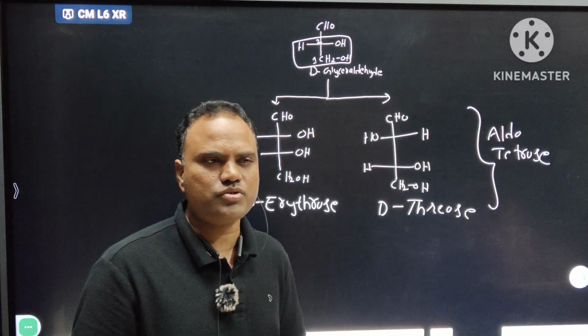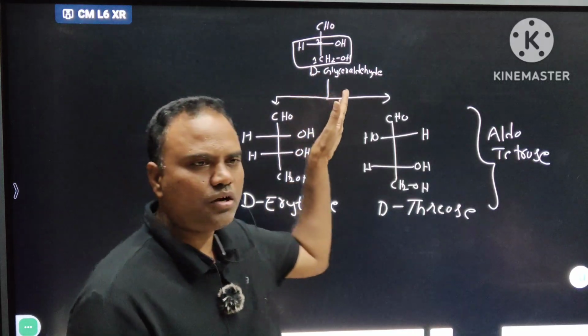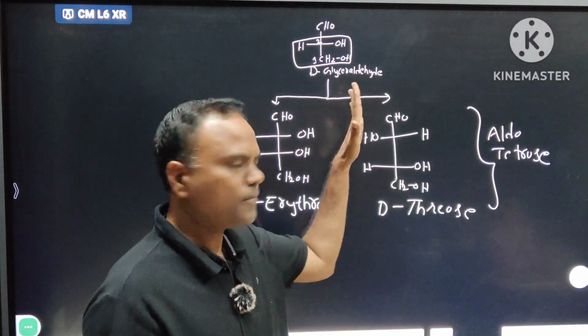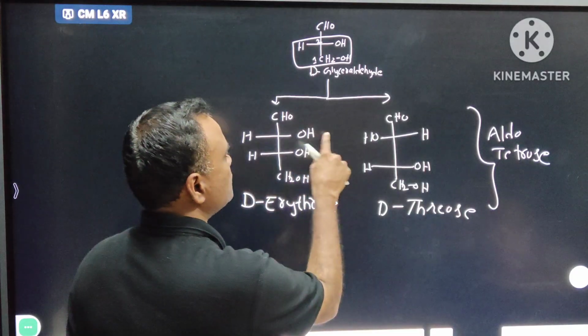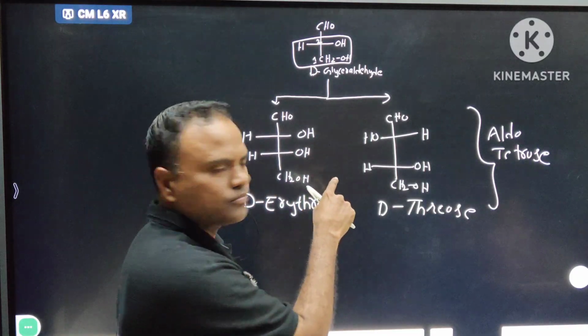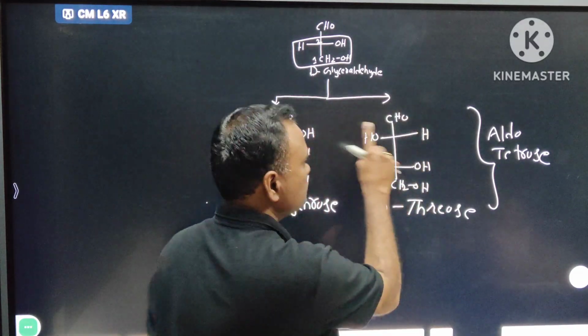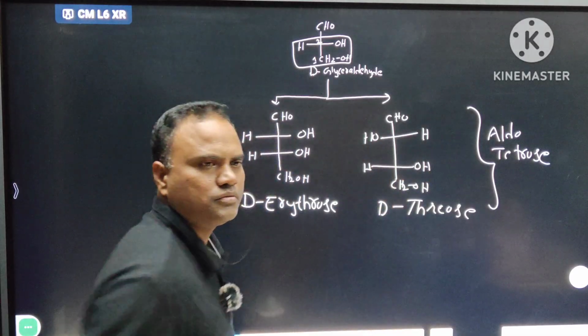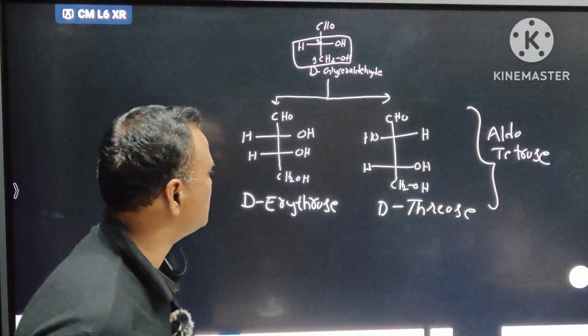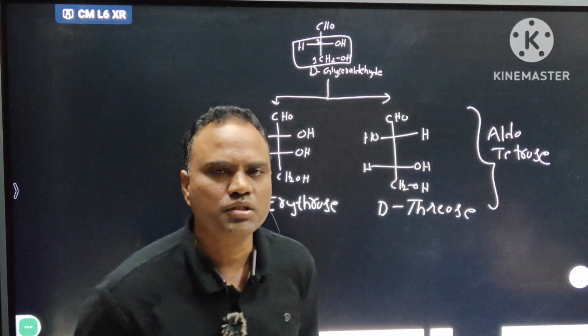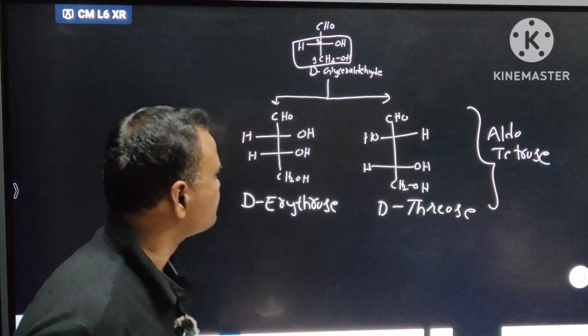How to draw the erythrose structure? Take glyceraldehyde as the basic compound. Go left. Write OH on the right side. Go right. Write OH on the left side. Now what is the difference between these 2 monosaccharides, these 2 aldoses?